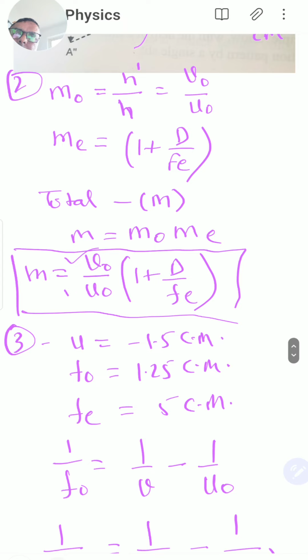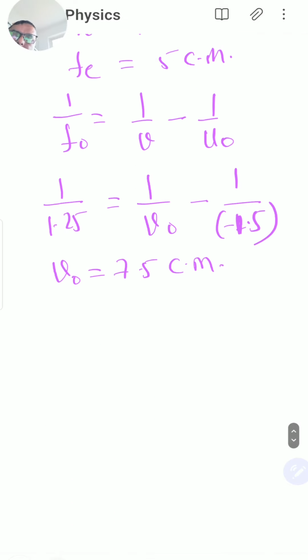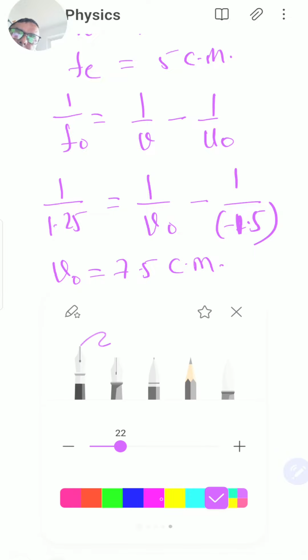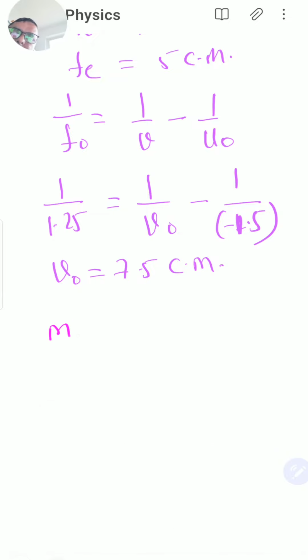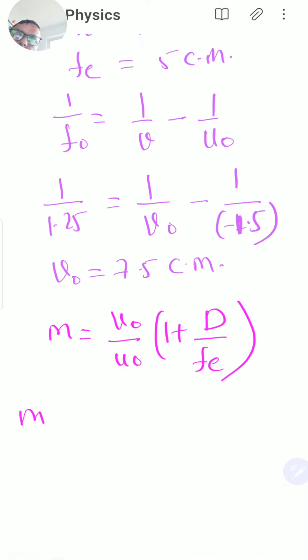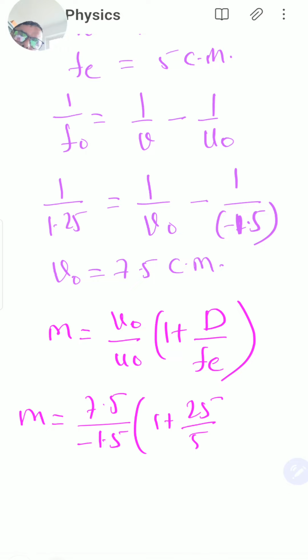Here we need v naught and u naught, and we have both. The least distance of distinct vision D is 25 centimeter, which we also have. The focal length of the eyepiece we also have. So we will put these in and finally we will get our magnification. Magnification is equal to v naught divided by u naught into 1 plus D over fe. By putting all these values and calculating, we get the final answer for the magnification, and we will score the 5 marks.